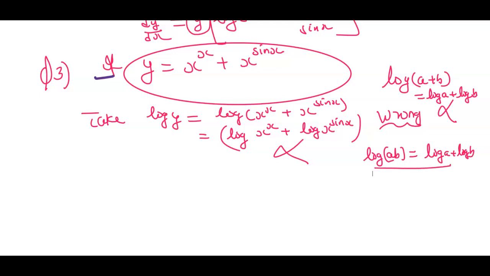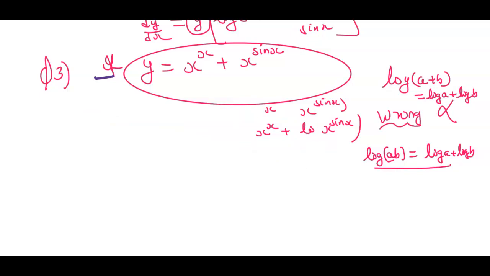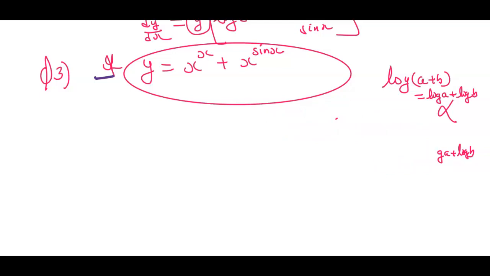Now what to do with this question? So let's move back in time and see what mistake a student has done. I am just clearing it up, and how we can correct that particular mistake.